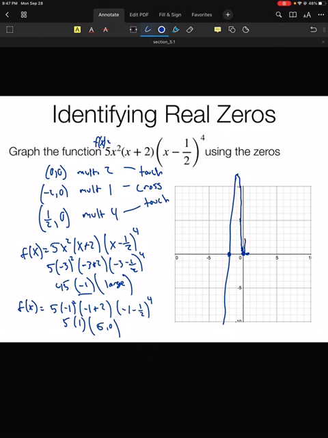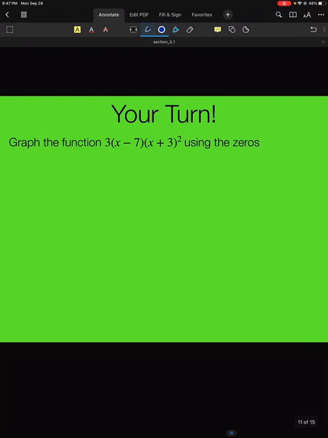It doesn't cross. So then it's going to go back up, but it's going to need to come back down and touch again at 1/2. And then after 1/2, it's going to again explode up in that direction. These equations involve huge numbers, so it's going to be really hard to graph that function, but we know that it crosses here and touches there and there, and that's the really important part.